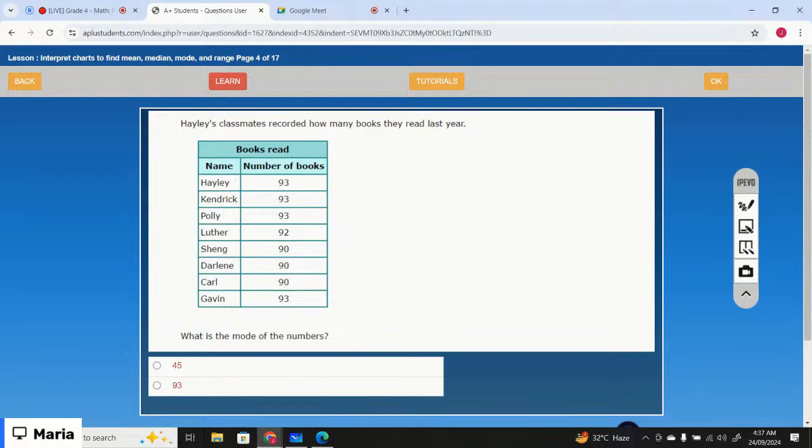So the mode is 93. You can see 93 is the number that appears 4 times in the given data. So the mode is 93. The correct option is 93.